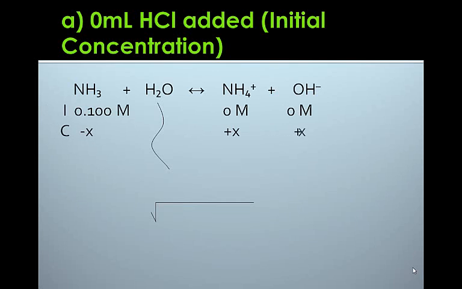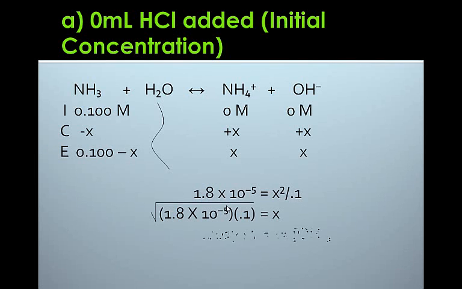Then we subtract X from the reactant side and we add X to the product side, and at equilibrium we're going to have 0.1 minus X, and in the product side we're going to have X and X. So now we write down our Kb expression, which is 1.8 times 10 to the negative 5 equals X squared over 0.1. So when we solve for X, we are going to have 0.0013 molar, which is the concentration of the OH.